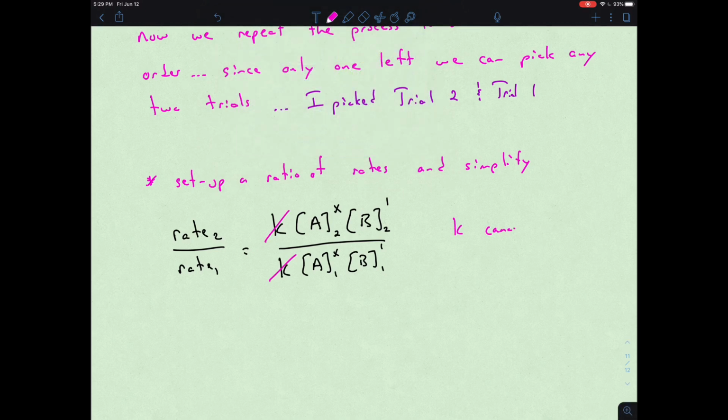K cancels out, since this is a constant for this reaction.